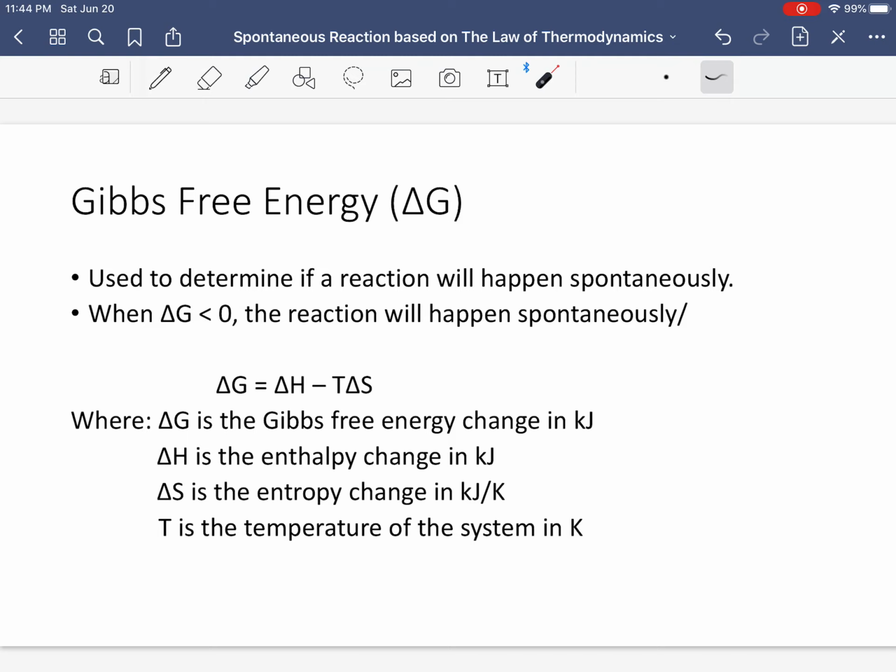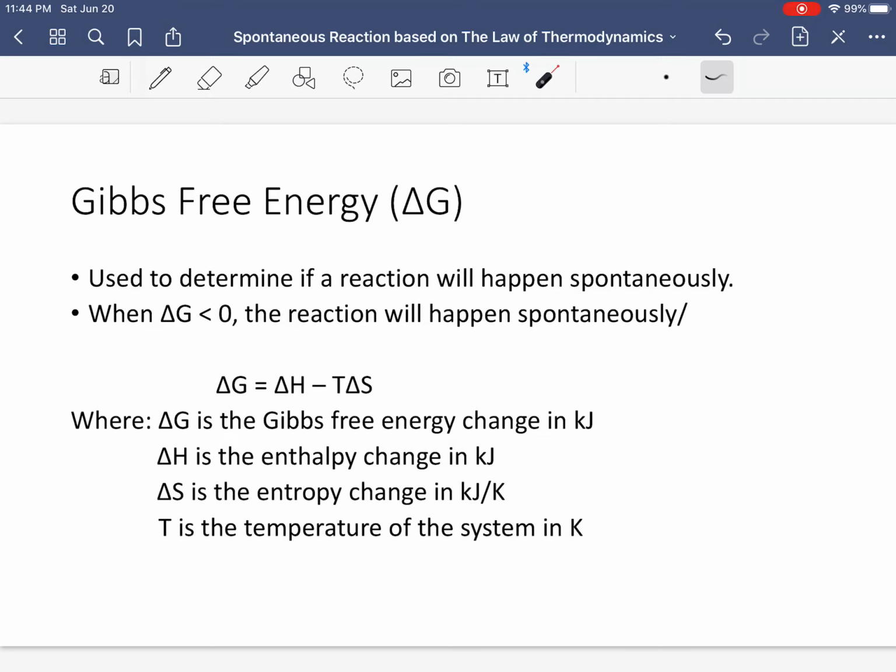That's something you will read about later on, but our job today is to discover if something is spontaneous or not. But that's not really important anyways. Yeah, it's measured in kilojoules.